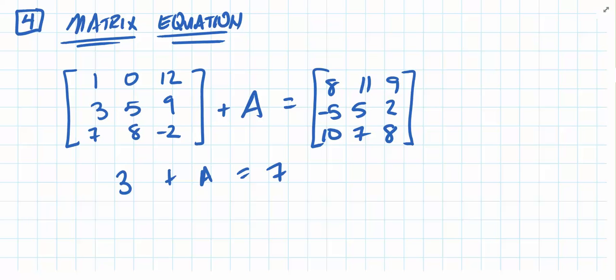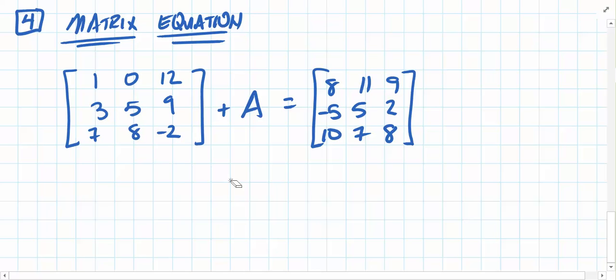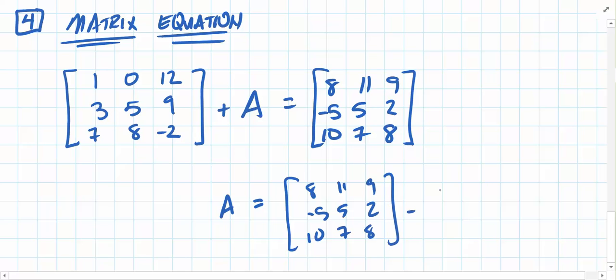So this A, assuming that this matrix is indeed still a 3x3, under that assumption that there's a solution to this particular equation, it would just be this big matrix: 8, 11, 9, -5, 5, and 2, 10, 7, and 8, subtracted from what we had before: 1, 0, and 12, 3, 5, and 9, 7, 8, and -2.